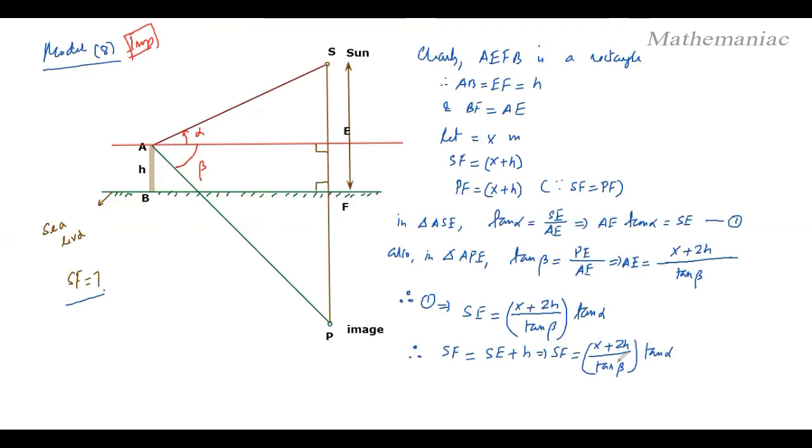Now will this be the result? Because we are getting mixed with many quantities, I am still left with x. I need x only.